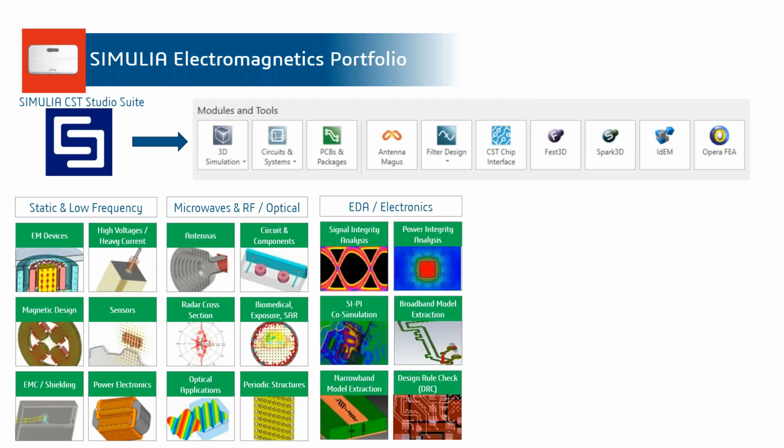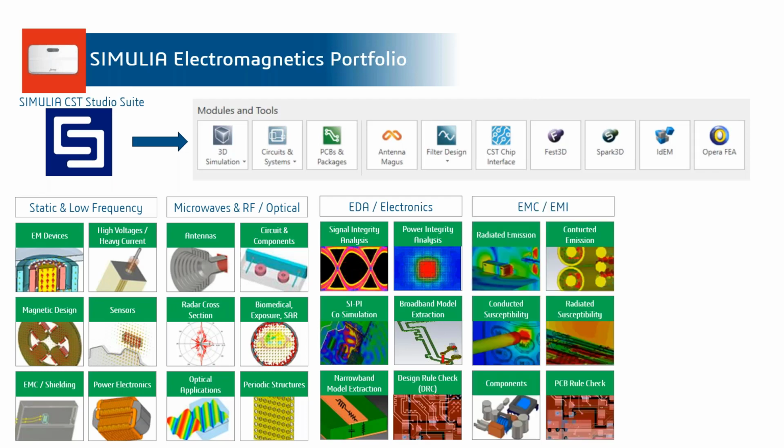Then coming to EDA or electronics, we can make use of PCB and packages, where we can import the EDA into the CST interface and perform analysis like signal integrity and power integrity. Then we can perform SIPI co-simulation, broadband model extraction, and design rule check. All this analysis can be performed.